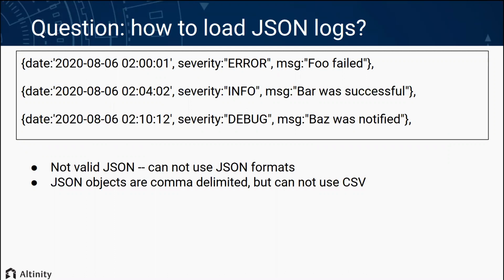This is very, very common. And every message is certainly well-formed JSON, but altogether, if you try to load them into ClickHouse, it wasn't very easy. You cannot use any JSON formats, and ClickHouse has a lot of them, because it's not well-formed JSON. And you cannot use CSV, because you certainly have commas inside the JSON.